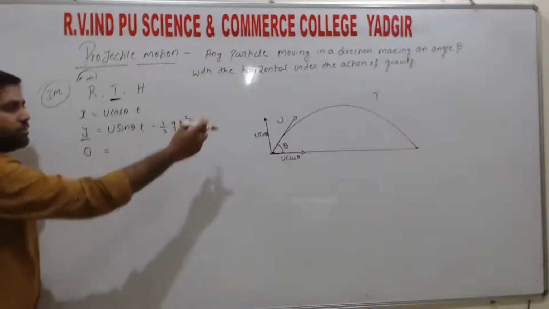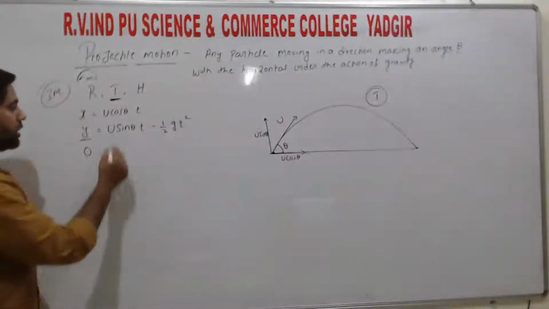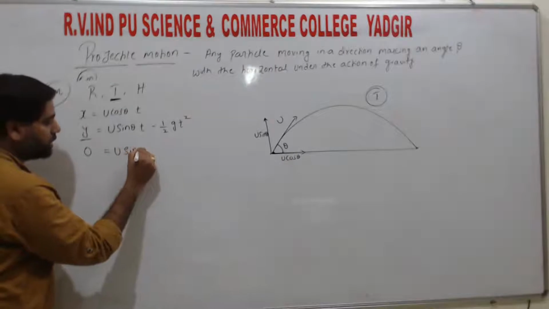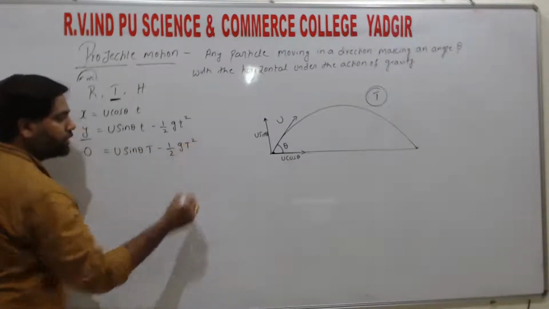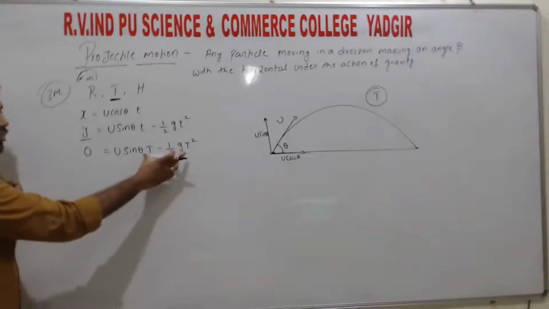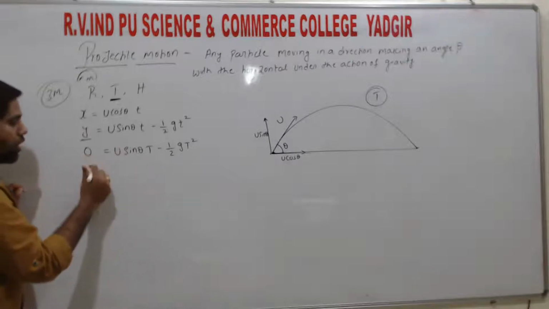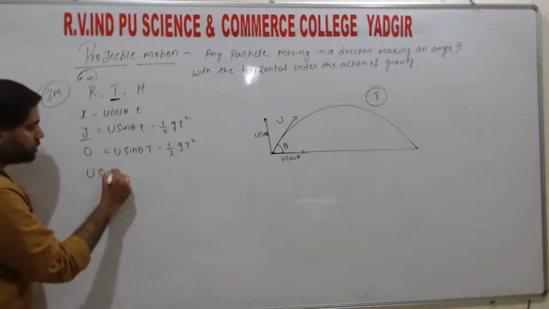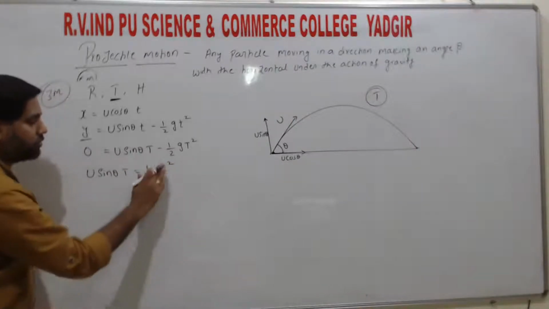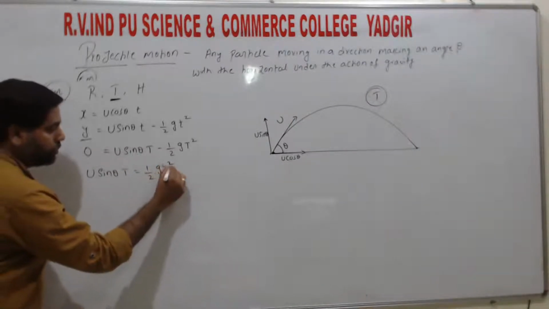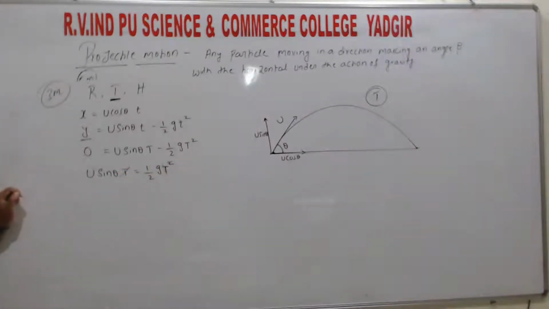For the vertical displacement to become 0, the time taken is t, right? So u sin theta into t minus half g t squared, right? In these two terms t is common, so we can take it common and equate to 0, or u sin theta into t equals half g t squared. So in LHS we have 1 t and in RHS we have 1 t, which get cancelled, right?